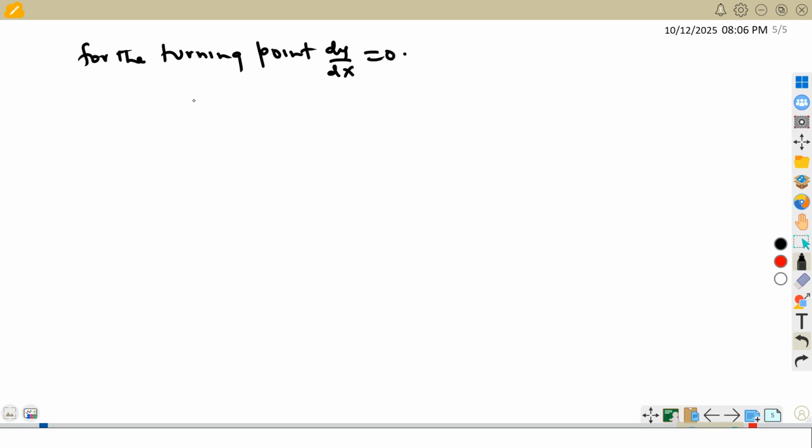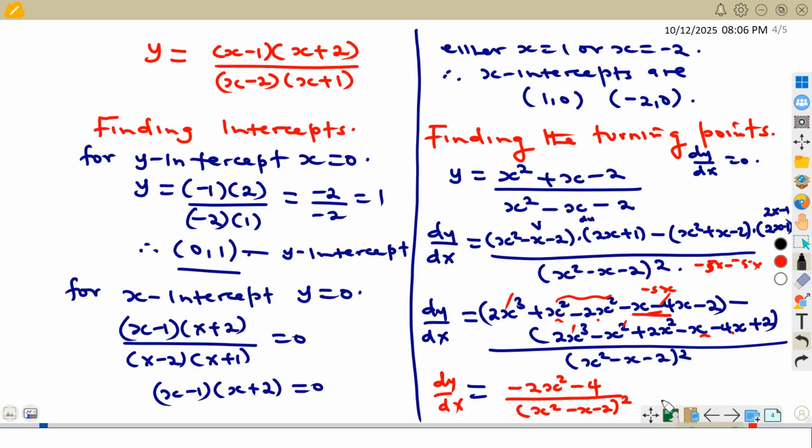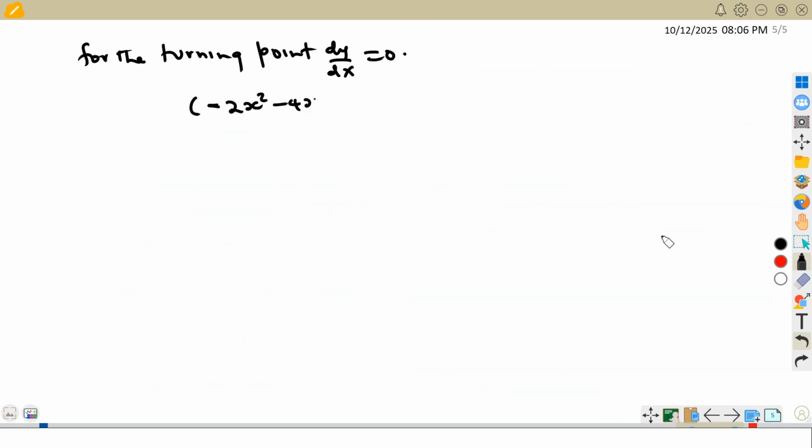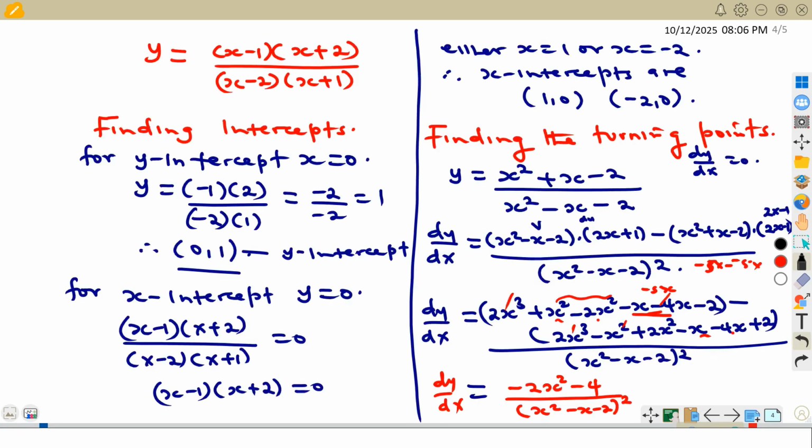So minus 2x squared minus 4, divided by x squared minus x minus 2 squared, should be equal to 0.